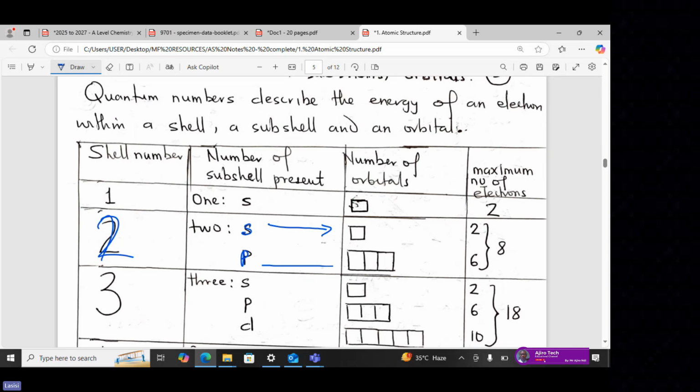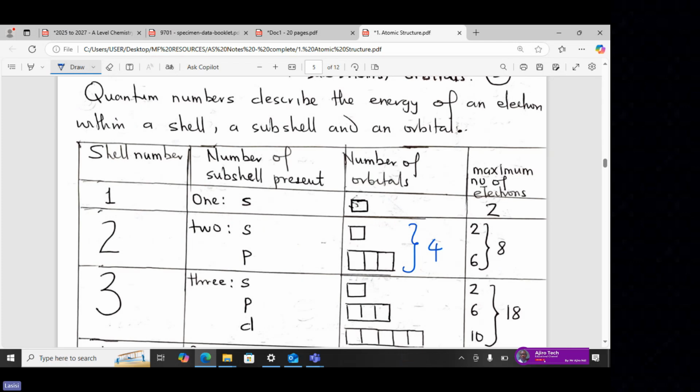P contains 3 orbitals. Therefore, shell number 2 has a maximum of 4 orbitals. Do you agree? Each of them can contain 2 electrons, therefore altogether 8 electrons. Is that okay? Does that make sense?